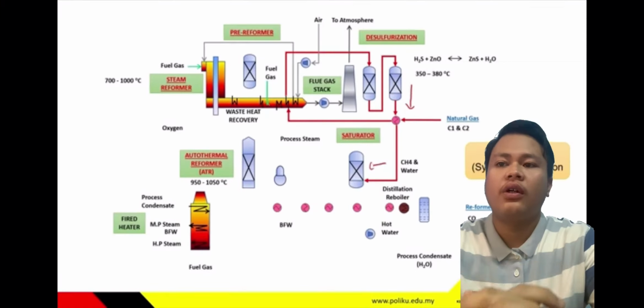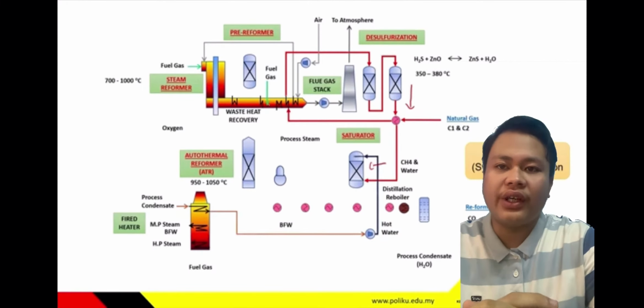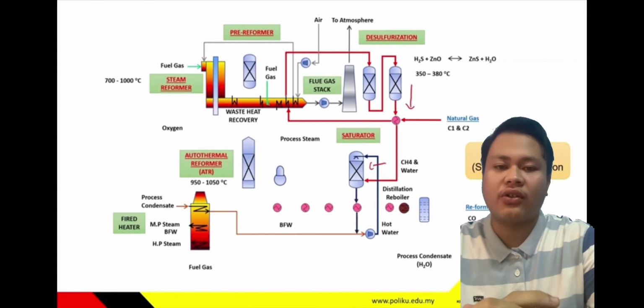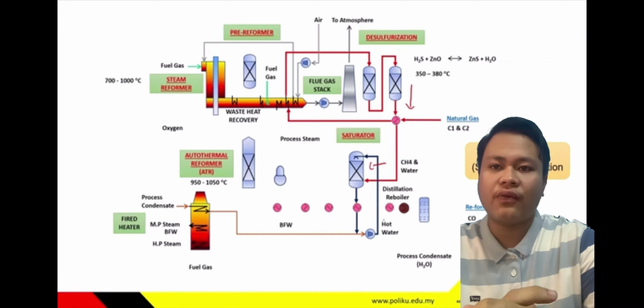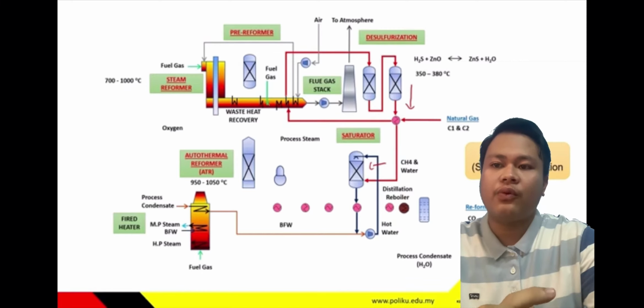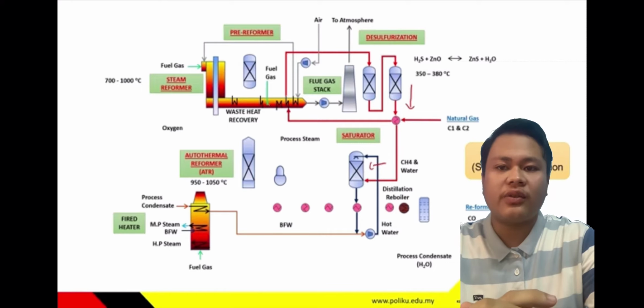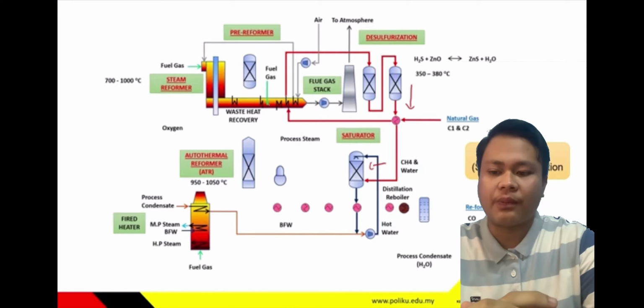Then in the saturator, hot water from the process condensate is pumped into the saturator. Our second fired heater uses fuel gas as the combustion source. We heat up and use it in steam generation, HP steam and also MP steam.